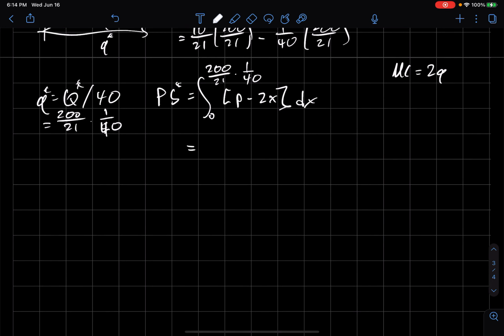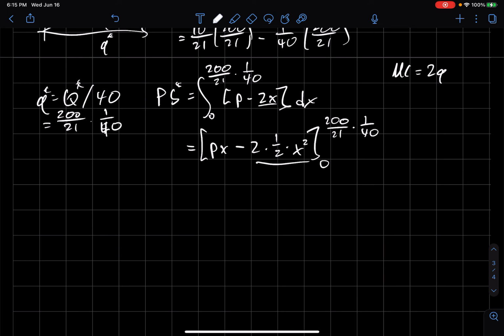Okay. So this gives us px minus 2 times 1/2 times x squared. And then we evaluate this at 0 and 200 over 21 times 1 over 40. And we can just verify when we take the derivative of this thing, it gives us this thing. And that's the check that our integral worked.